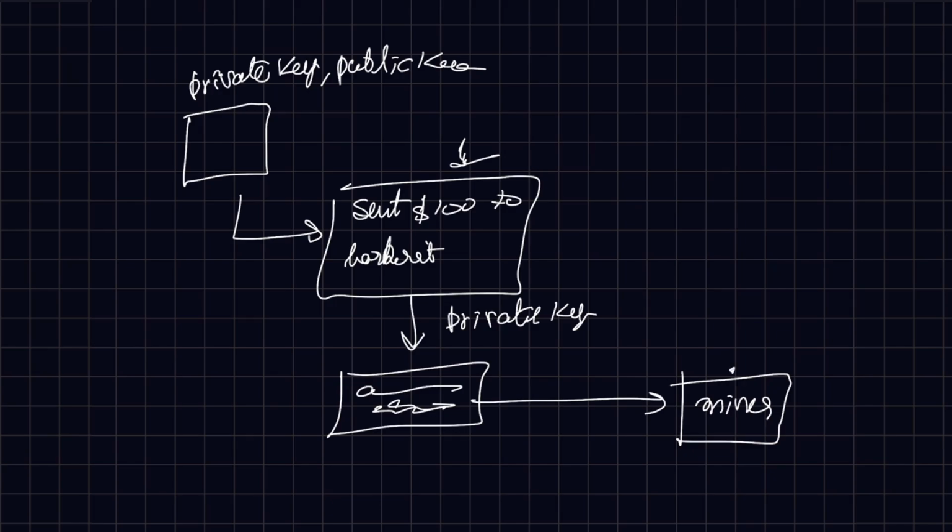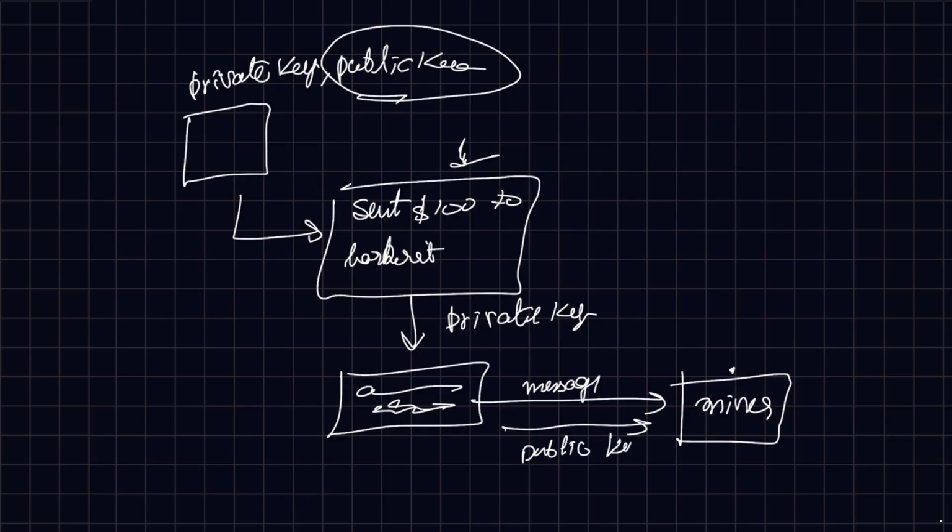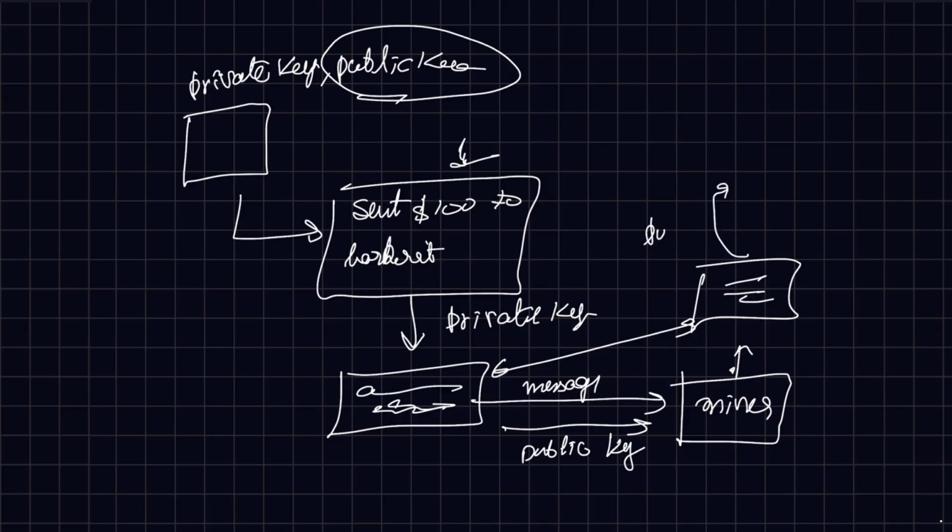And then this miner will take my public key. I will also send my public key. I will send the message. The miner will take the message, which is this random looking message, and decrypt it using my public key. And this will get converted again back to this message right here.